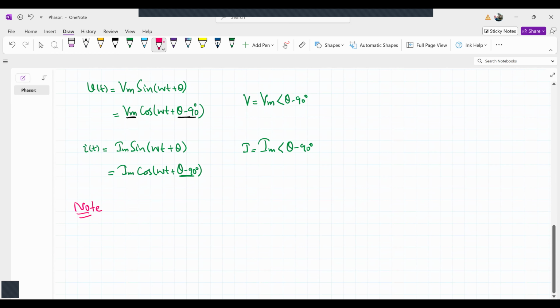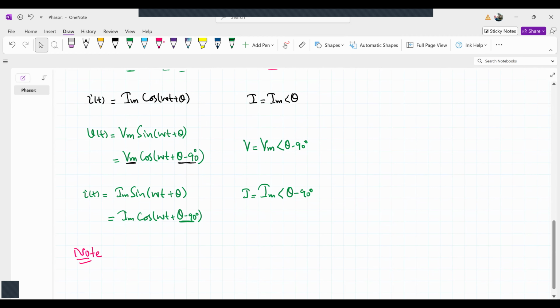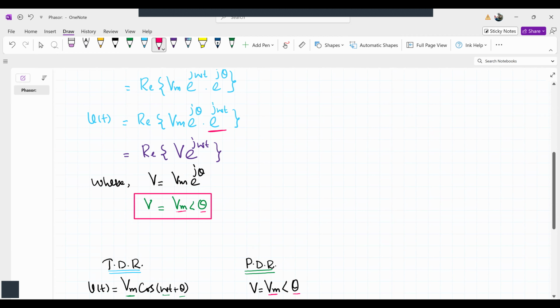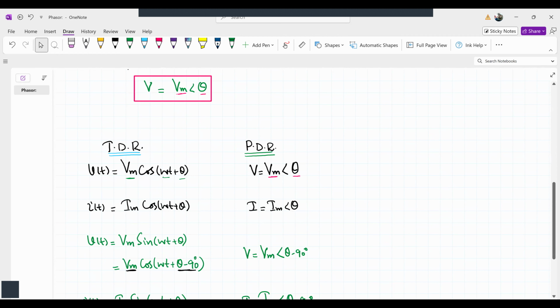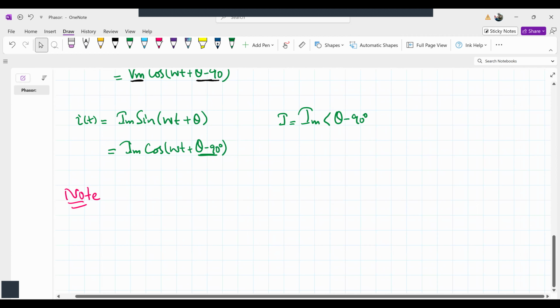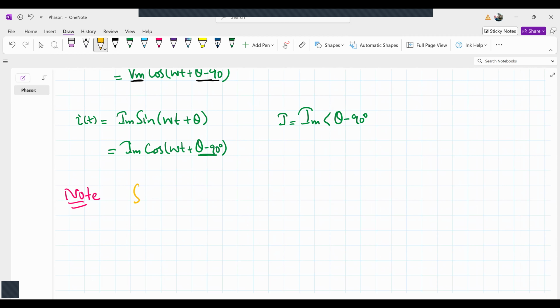So in phasor representation, if you look at the complex part, what we did is suppress the e to the power of j omega t part from this complex sinusoid, which carries the frequency of the sinusoid.